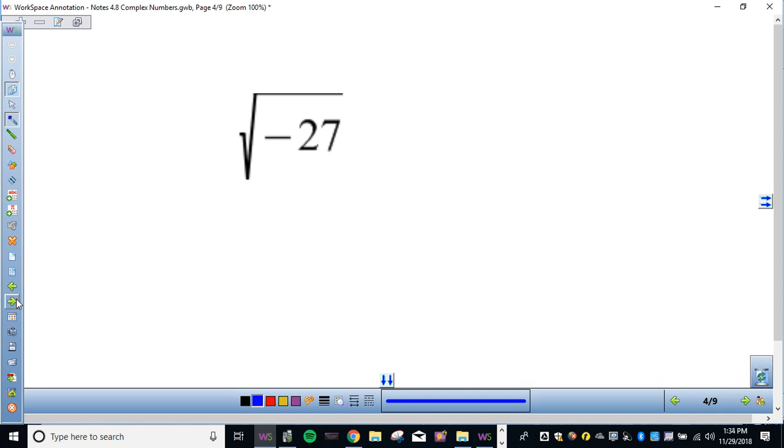Good, good. You're always going to have that square root of negative 1, right? Good job. It's all good. Check it. Yeah, here you go. Good, good. 3 square root of 9 is 3.